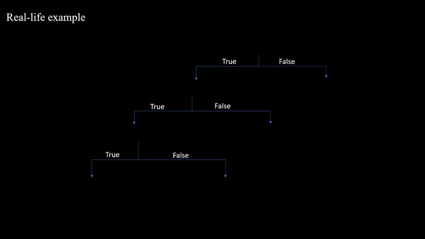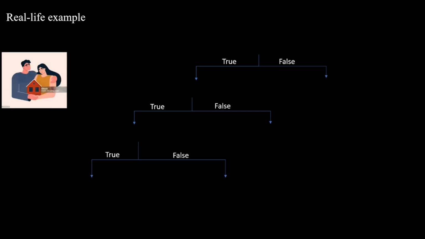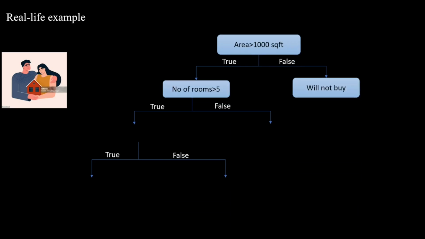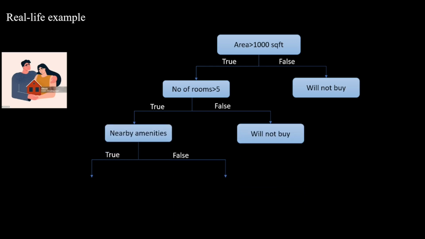Now, we will discuss a real-life example of a decision tree. Consider an individual's preference while buying a house: if the area of a house is above 1000 square feet, you will have further constraints and parameters to decide from, such as the number of rooms and the nearby area.